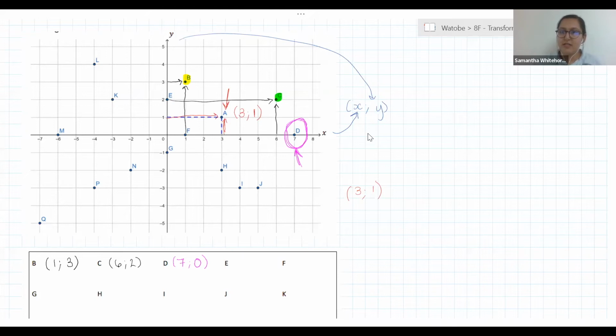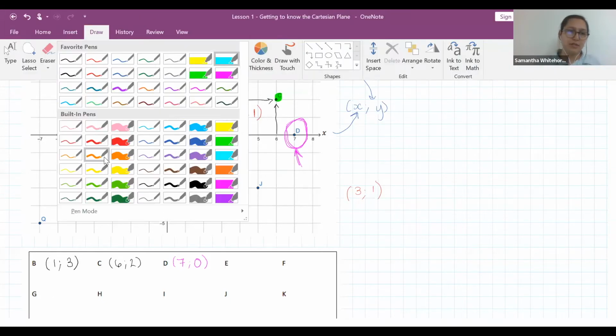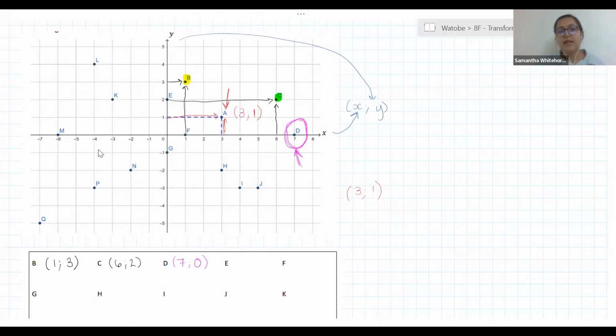Alrighty. Oratile, what is your question for me? Ma'am, I just wanted to ask, let's say for D, I said 0, 7 and not 7, 0. Will my answer still be wrong? Yeah, unfortunately it would be, because if we're talking about a coordinate of 0, 7, we're talking about X being 0 and then Y being 7.